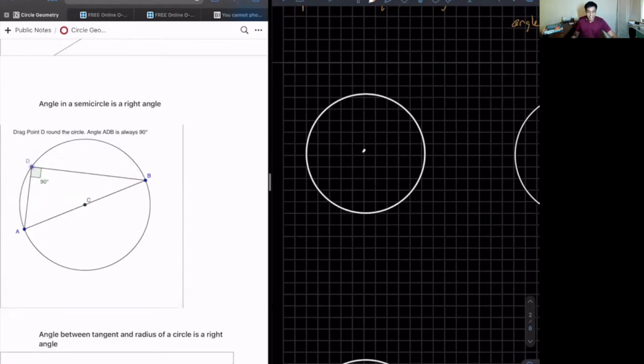You guys are saying next level. Absolutely amazing. Agreed. So again, commit this to memory visually. Don't commit it to memory just by rote memorization. Understand this visually. So here we write down angle in a semicircle is a right angle.